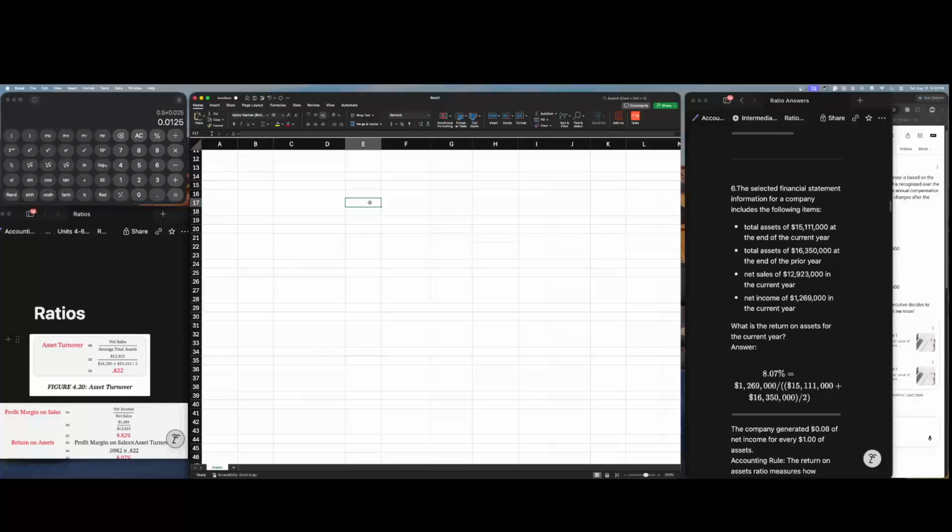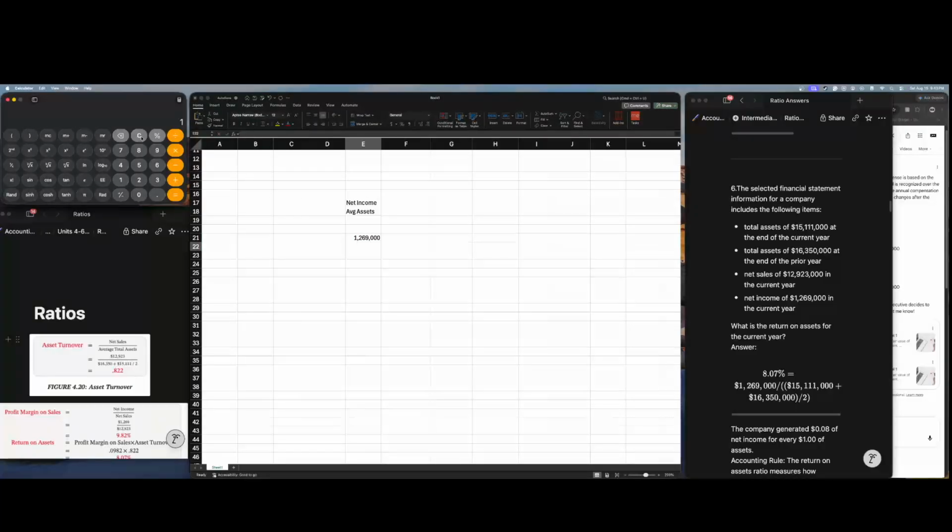Given the selected financial information, what's the return on assets? Return on assets is net income divided by average assets. So the net income is 1,261,000 divided by average assets.